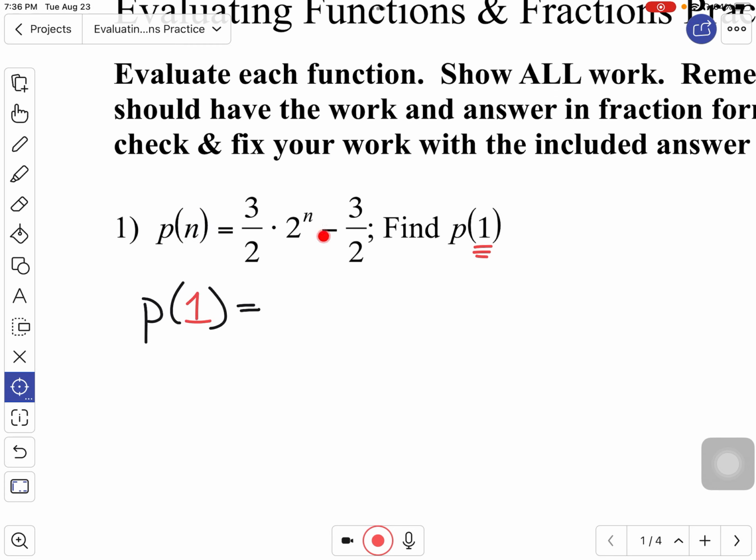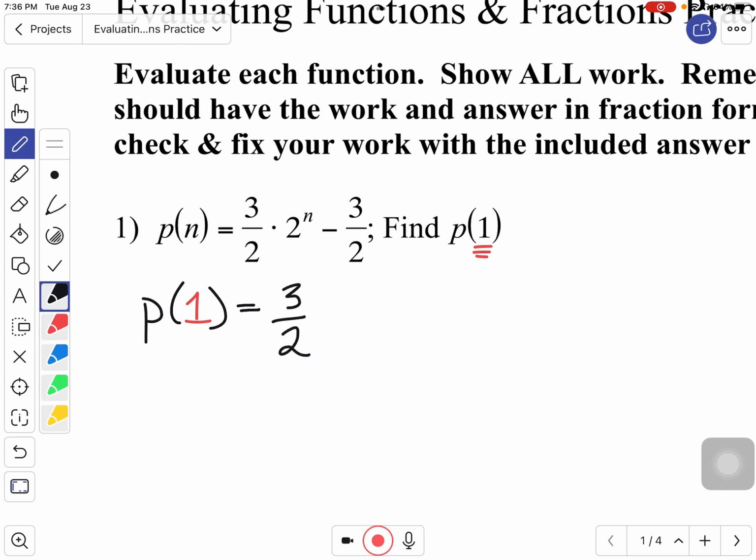And really, I only see one n in the expression to the right of the equal sign in our equation. So I'll only have to use the principle of substitution one time.